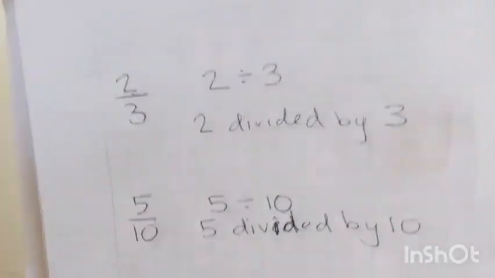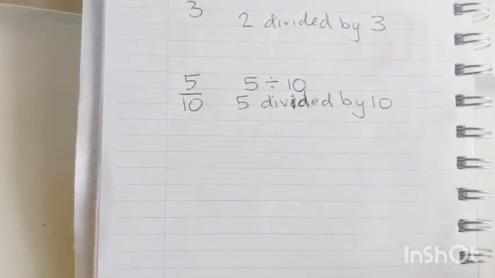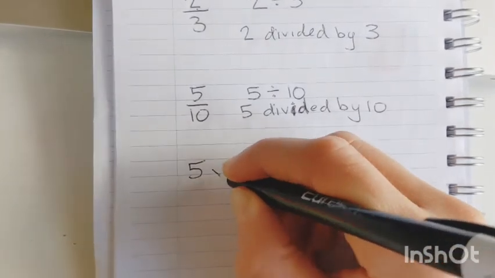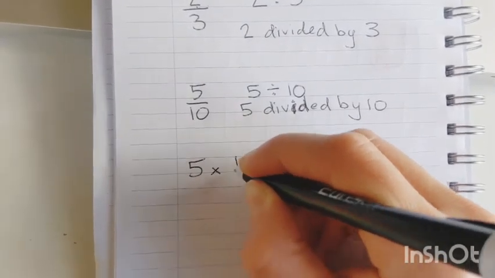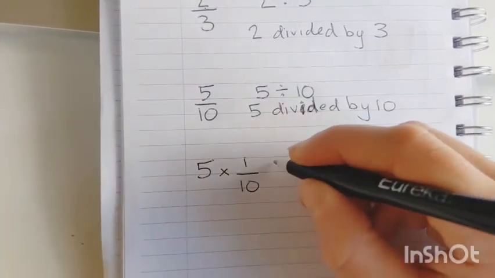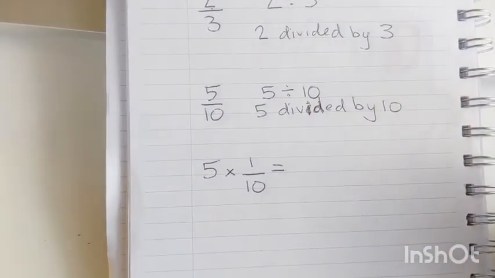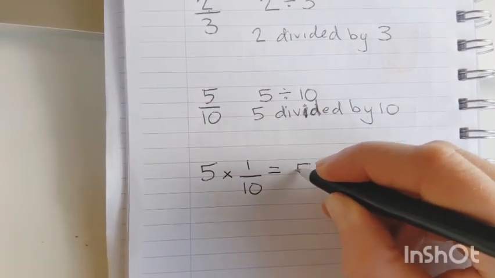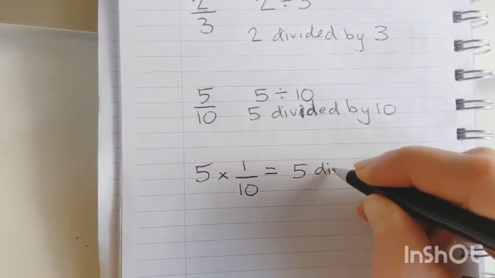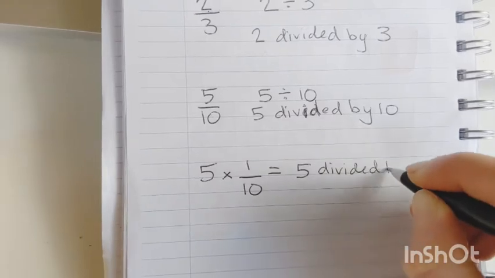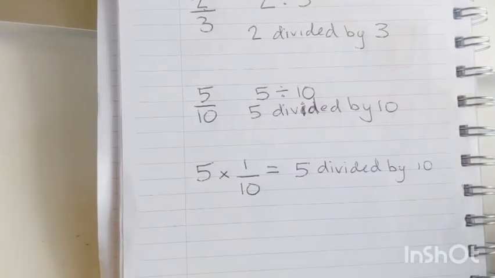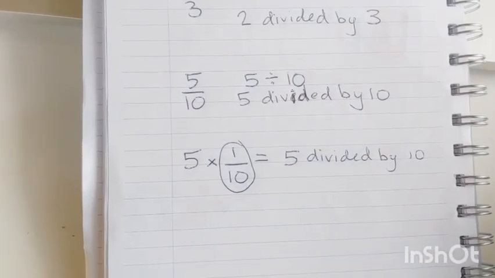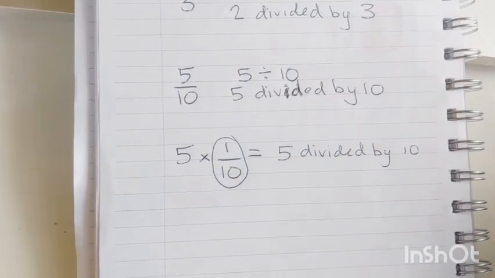All right, so now let's think about what this would mean with a problem kind of like the one we had before. So 5 times 1/10 equals the same thing as 5 divided by 10. This basically is our division part right there. I hope that that's helpful.